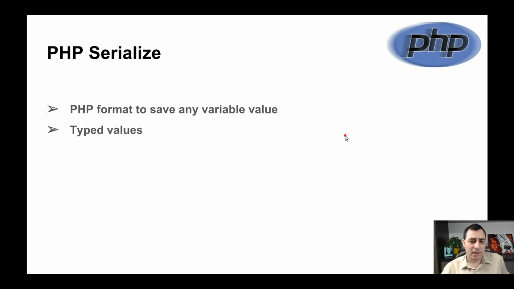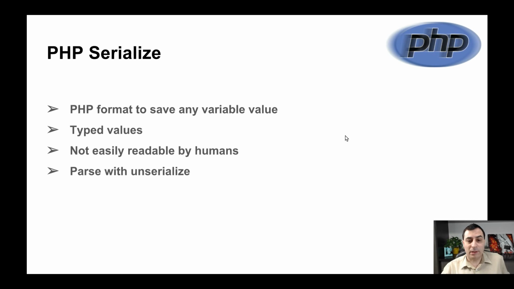This means that not only the values are stored in this format, but also the types of the values. But unfortunately, it is not very readable by humans, unlike, for instance, the JSON format. So this is probably, I would say, not a very good format for storing configuration values.